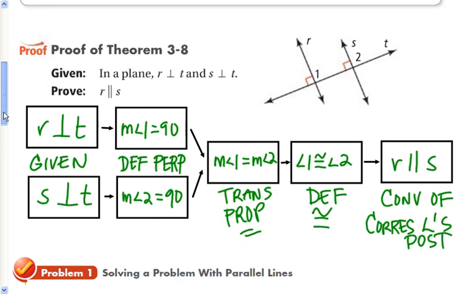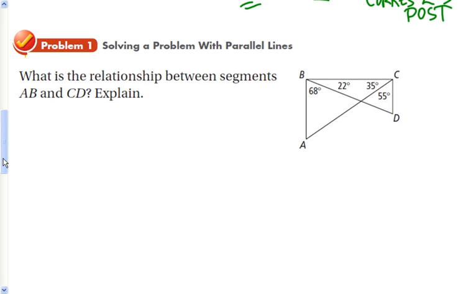All right, now, in this diagram, we want to know what the relationship is between segments AB and CD. So as you can see from the diagram, we have angle ABD and angle DBC form the angle ABC.